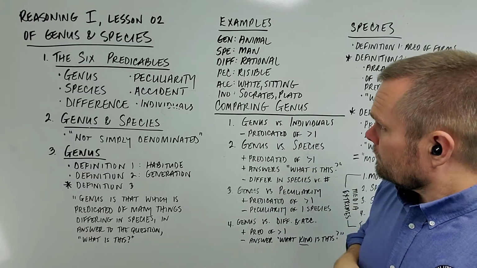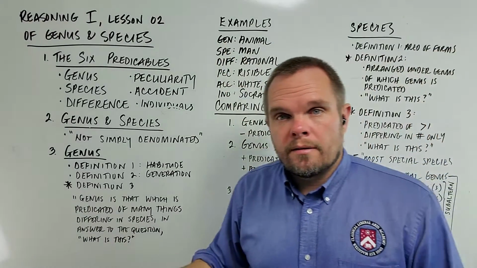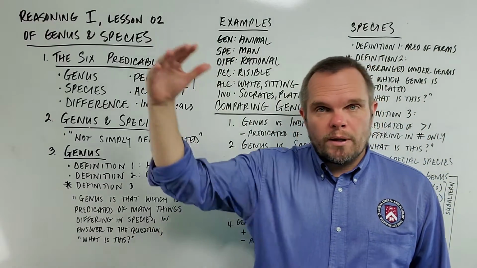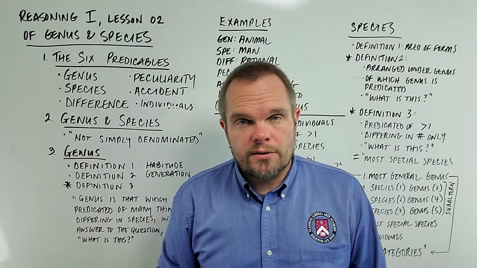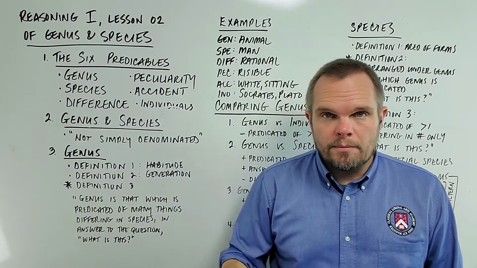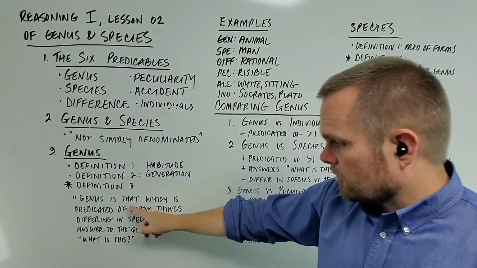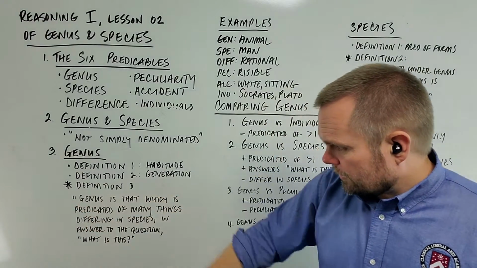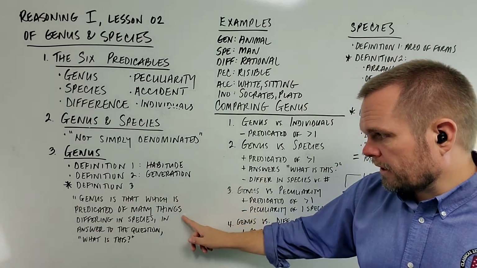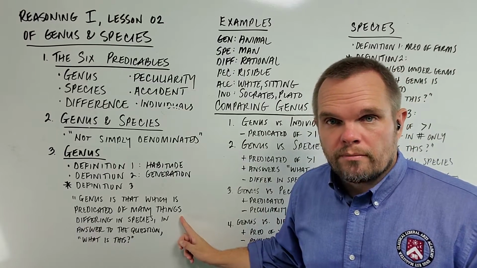Man. The genus that we belong to is animal. The first genus we belong to is animal. All right? And let's look at the definition of genus. A genus is that which is predicated of many things. True.